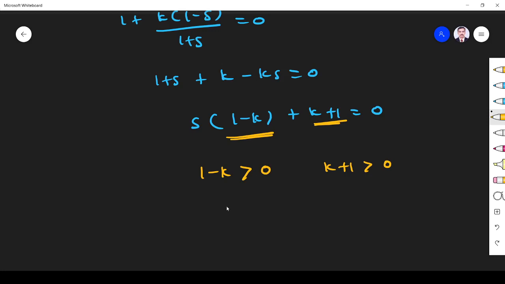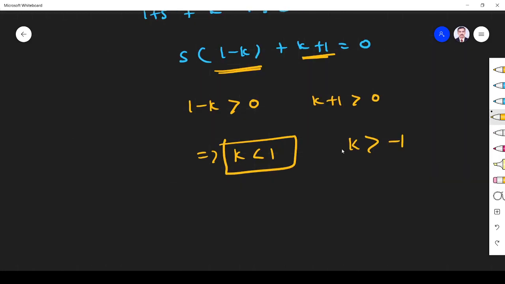So 1 minus k should be positive. This indicates k must be less than 1. k plus 1 is greater than 0 means k must be greater than minus 1.